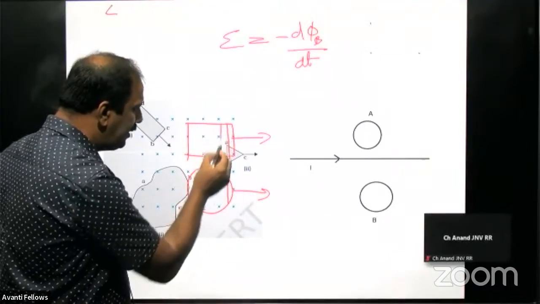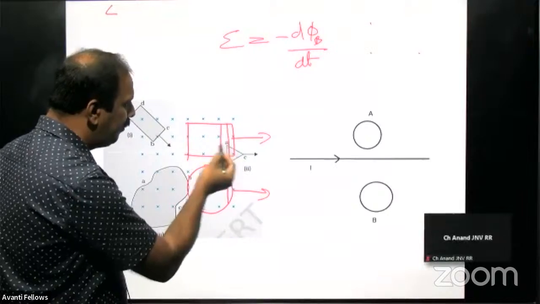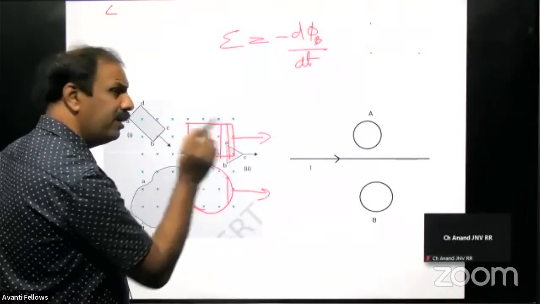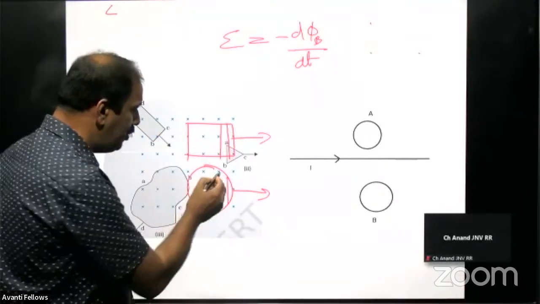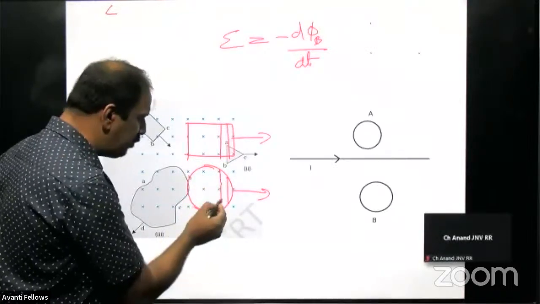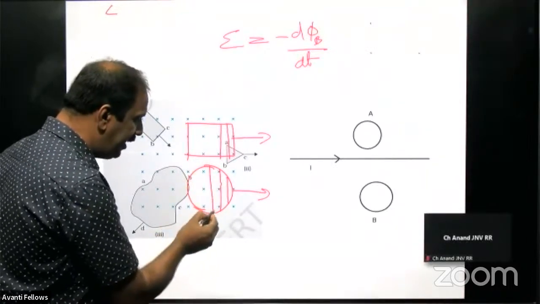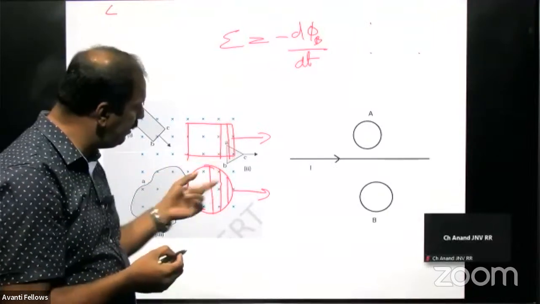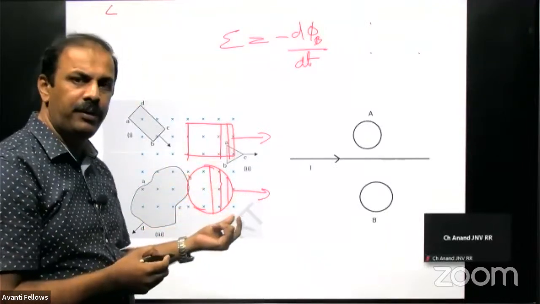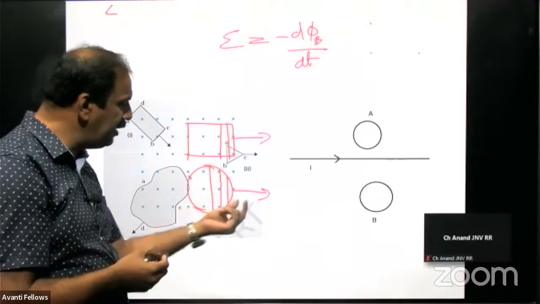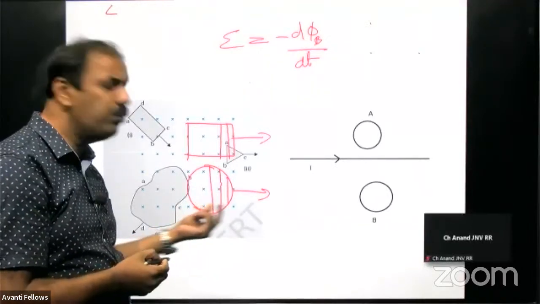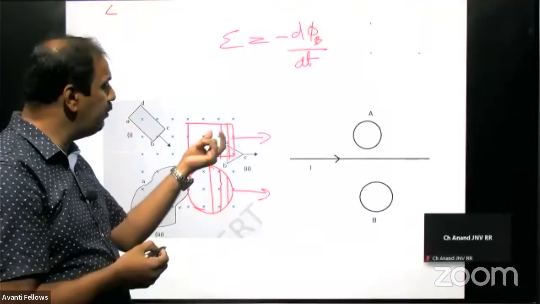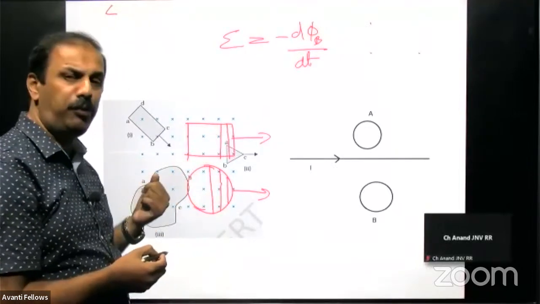From this part, the next part when it is coming, the rate of coming out is the same. Here you see the next part which is coming out is this much. Next part it is again more. So how much it will come out, that area is different. So what happens is here the rate of change of area is more. So the EMF induced in this one and this one will be different.